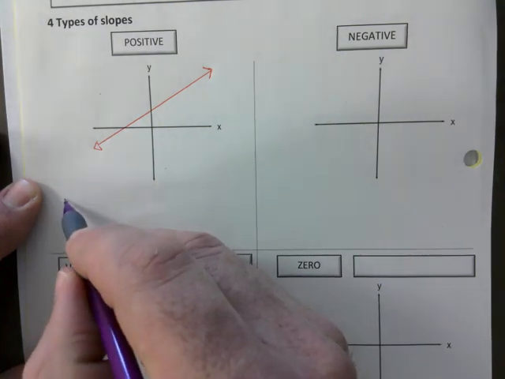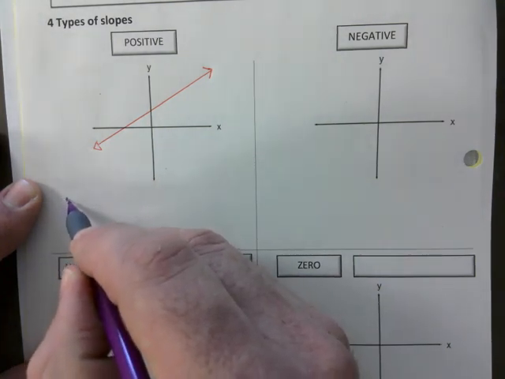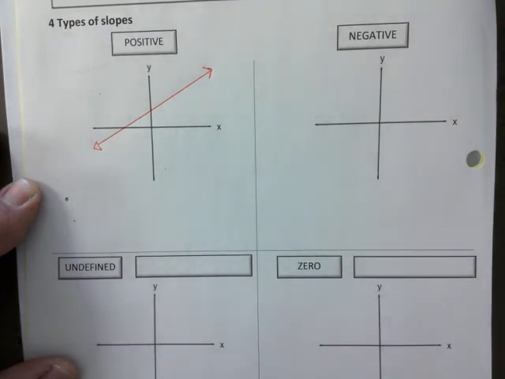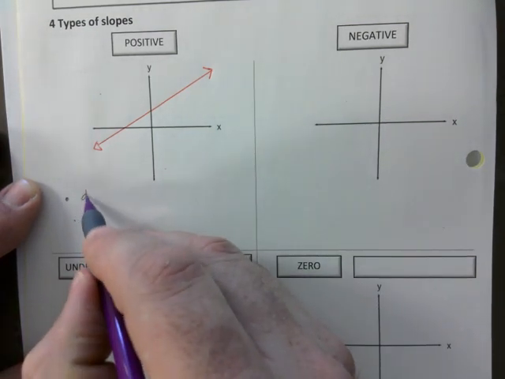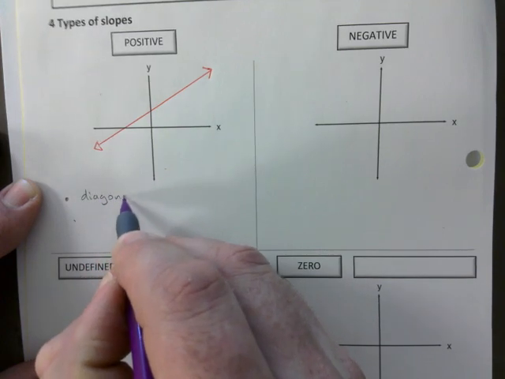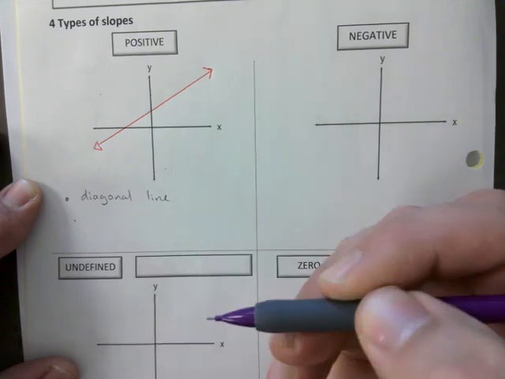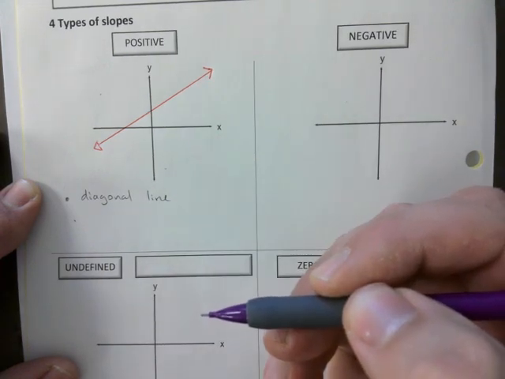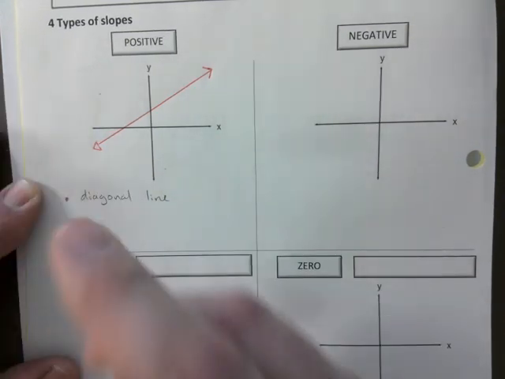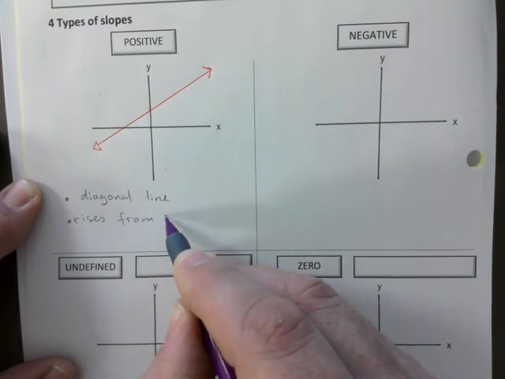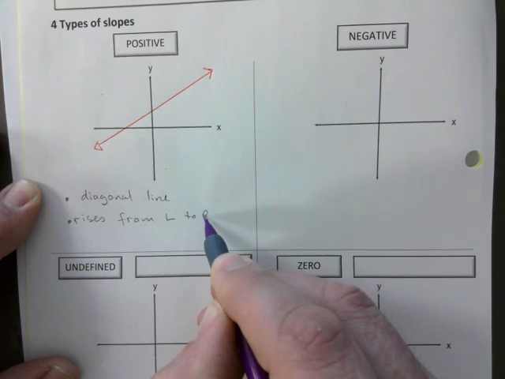Okay, so you're the first one with this new booklet, guys. So from time to time, I'm gonna kind of wonder what I did, right? So diagonal. First of all, if it's going to be a diagonal line, it rises from, I'm just going to go left to right.